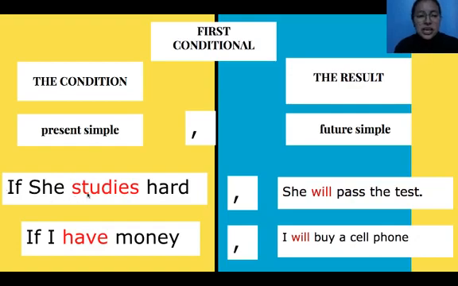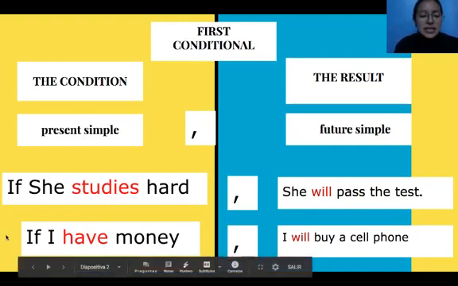If she studies hard, comma, she will pass the test. Okay. The condition: if the girl studies hard, studies a lot all the time, what is the result? The result is she will pass the test. Okay?